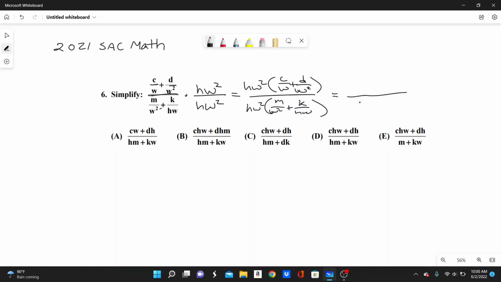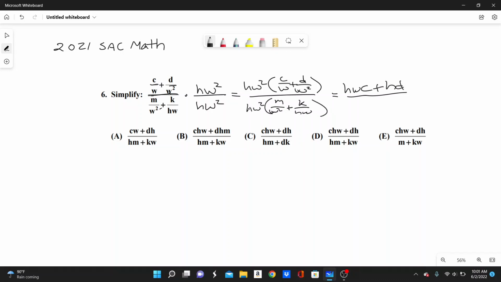So let's see. In this first part, we have hw squared times c over w. So the w will cancel, so we end up with hwc, and then hw squared times d over w squared. Our w squareds cancel, so we're left with just hd.